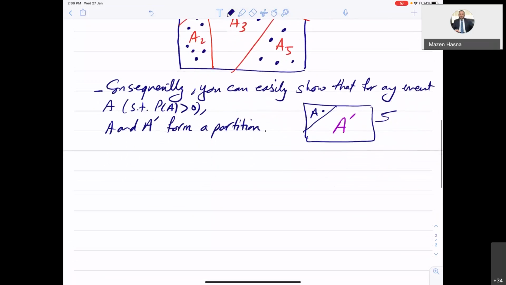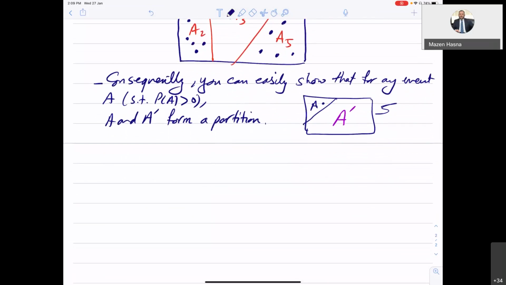Right. Let's do some examples. Maybe one very simple example.